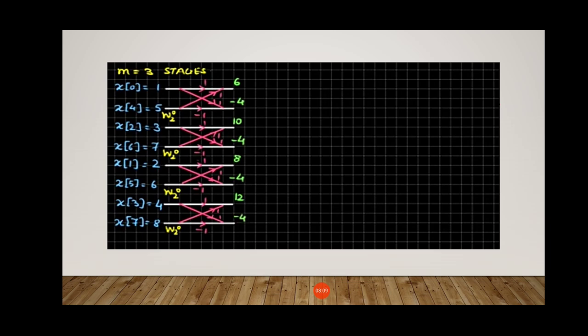The third point is 3 plus W2 to the power 0 into 7, that is 10. The fourth point is 3 minus W2 to the power 0 into 7, that is minus 4. In this way we have calculated all the values of the first stage.